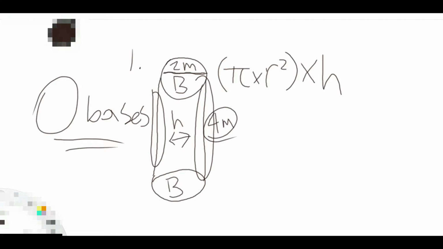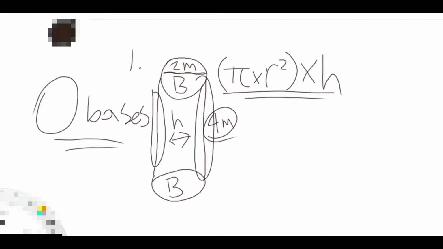How is this the formula? Pi r squared is the area of the circle, and times height. If you put it flat down on the table and look at it, it's the flat perspective.